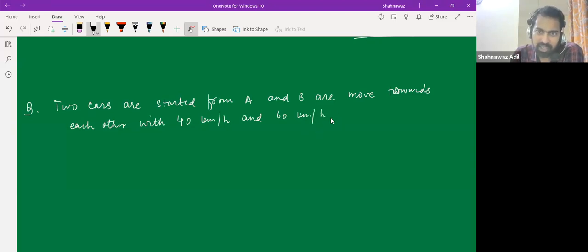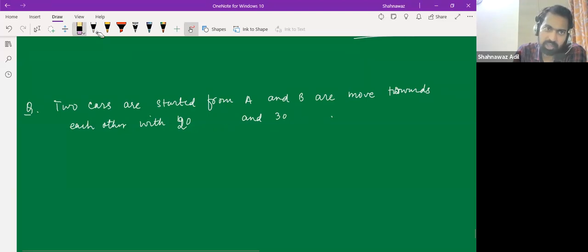Okay, so let me write it as 20 and 30, not kilometer per hour, but meter per second. So 20 meter per second, 30 meter per second.